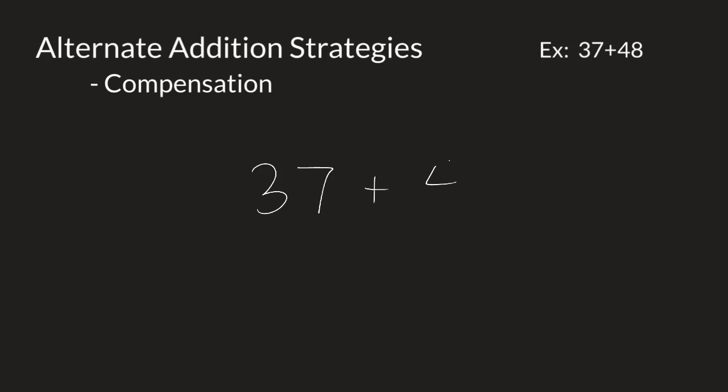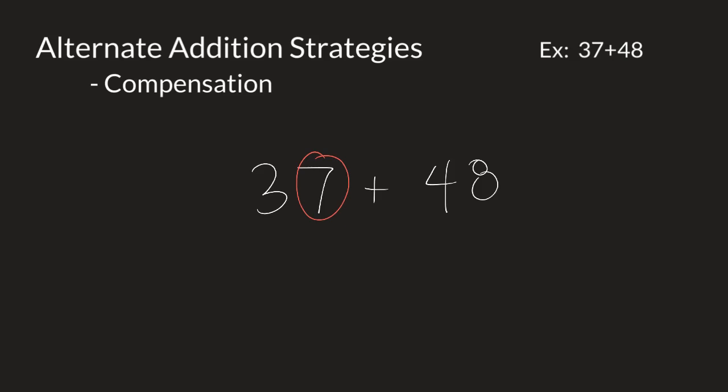Our third strategy is called compensation. With compensation, we need to learn that what we do on one side, we need to do to the other side. If I were to write it like this, and we wanted to use mental math, what could we do to make these nice, easy whole numbers? Well, we could borrow 2 from these ones right here.